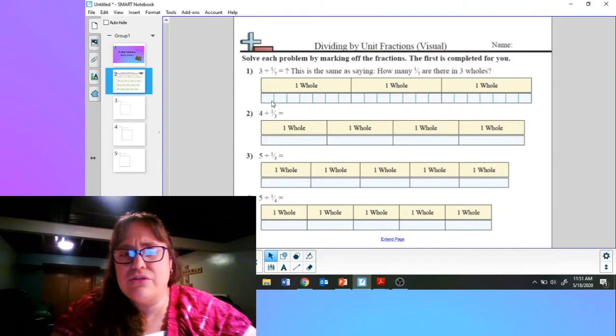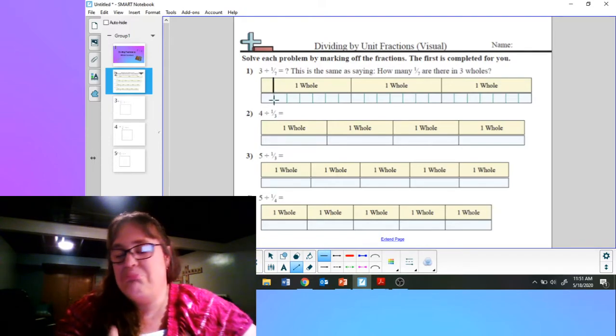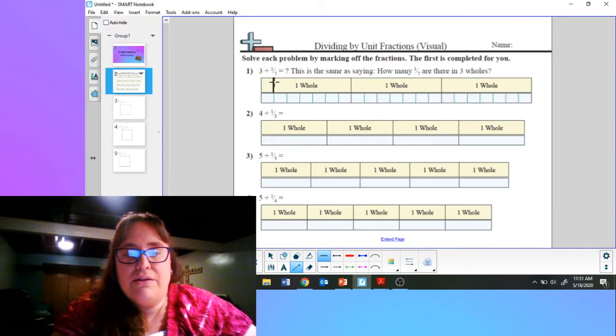Now instead of actually drawing and cutting them like we were doing right before, where we cut them right up here, they just decided to cut them below. Not a big deal. If it bothers you, you can do the cutting there. So they took each whole and cut it into 7 pieces of licorice. 1, 2, 3. See, I'm just drawing the lines right up into the whole in case that bothers you.